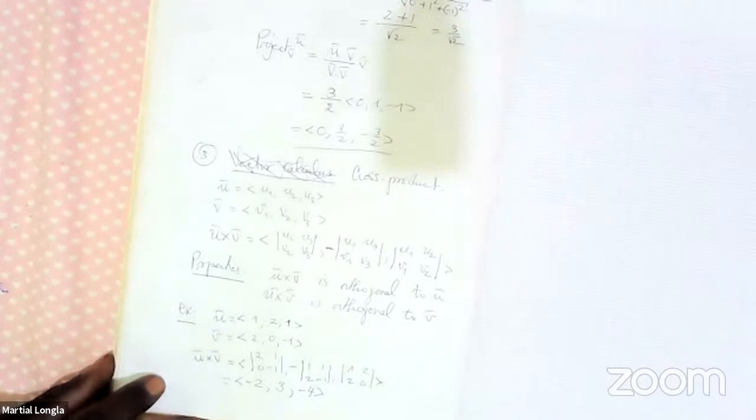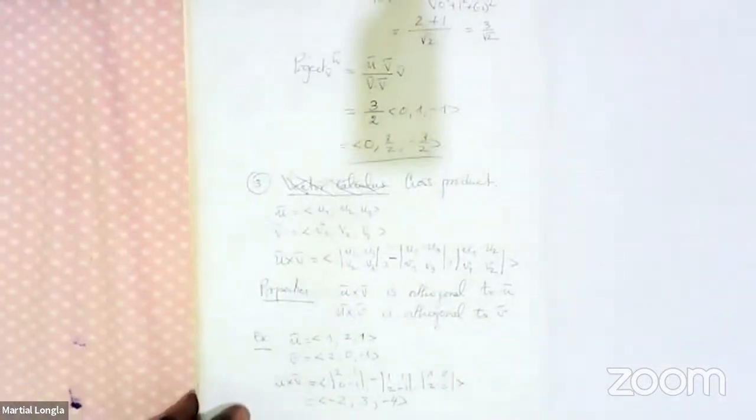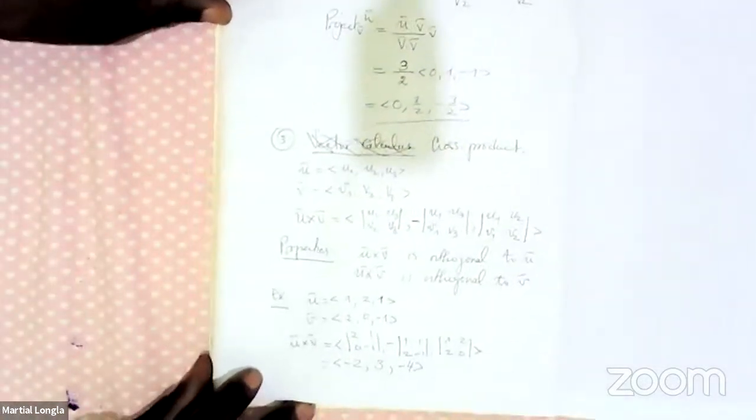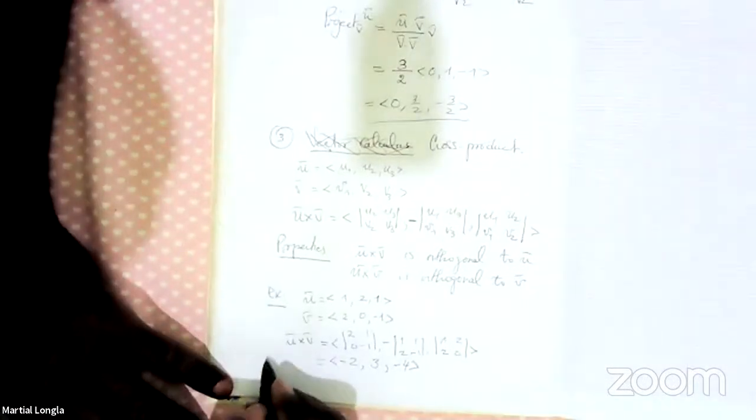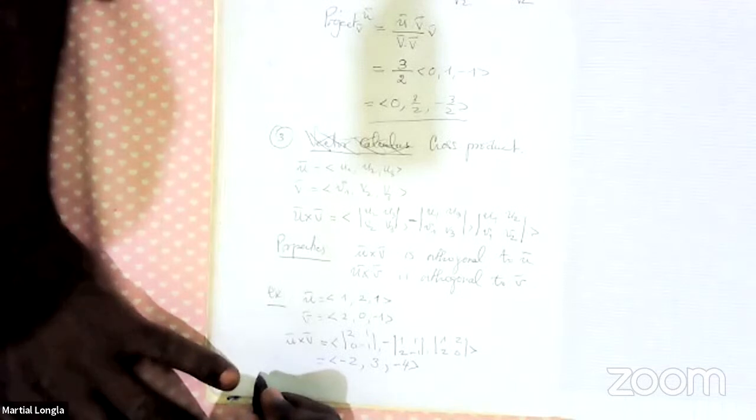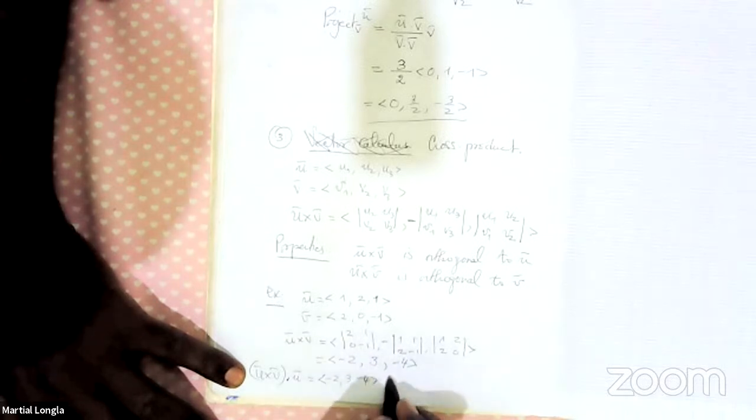And now you can check what I just said, that u cross v is a vector that is orthogonal to u and orthogonal to v. So let's take u cross v as a vector and dot product it with u. What are you going to get? You're going to get -2, 3, -4, dot product with 1, 2, 1.